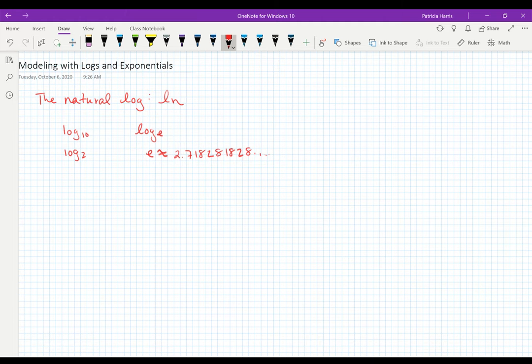Now, another thing that you need to be aware of is how to solve a logarithmic equation or exponentials. This is one of those things that might have been skipped over or missed last year.